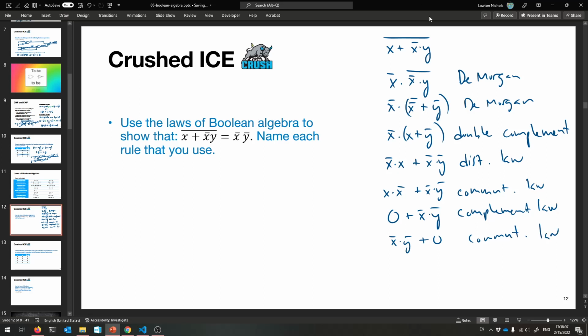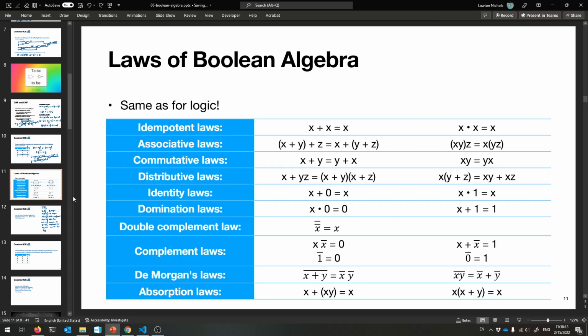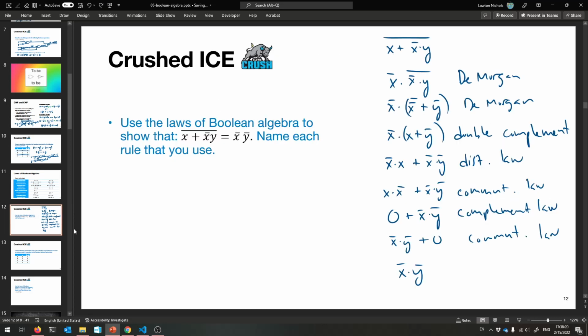And then finally, x times y, both barred, is what we end up with, because this 0 goes away thanks to the identity law. That's the one. Yay. Hopefully that makes enough sense. It's just proofs all over again, or those logical rules used all over again. Okay?